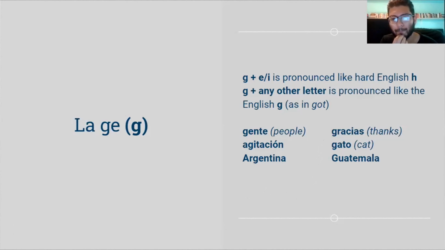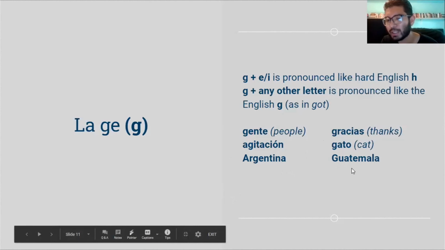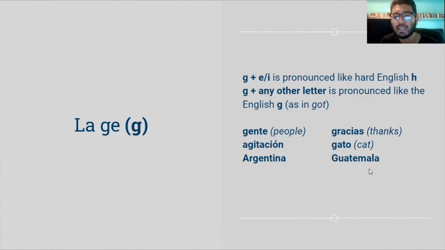So different from Argentina, we see that Guatemala has a very similar pronunciation to its English equivalent, same spelling and very similar pronunciation, something that was not the case for Argentina. Muy bien.